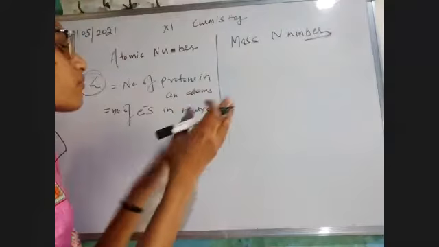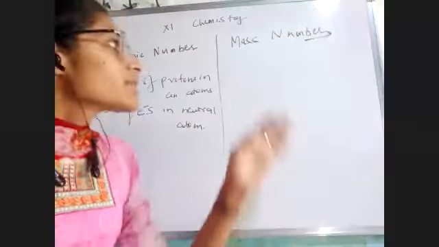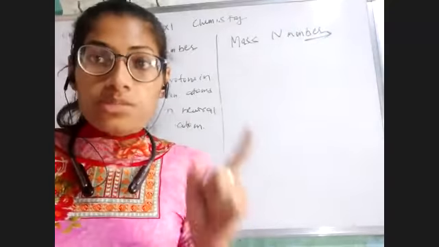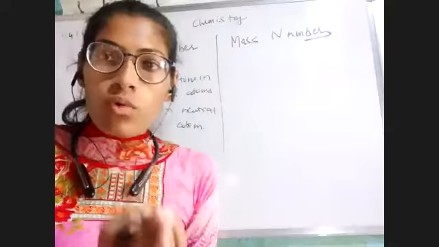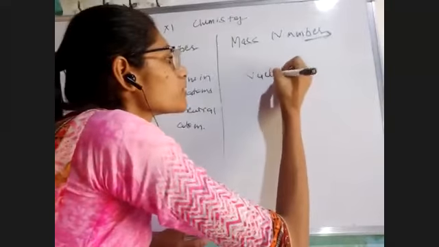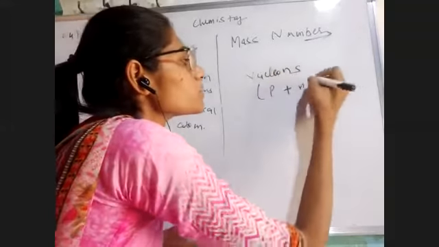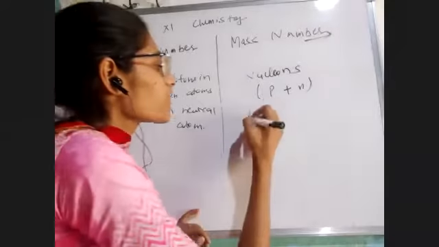Since atomic number was based only on electrons or protons, only the numbers, the mass number is totally based upon the number of protons plus the number of neutrons. After combining, these are also known as nucleons, proton plus neutron. Okay, and mass number is defined as A.